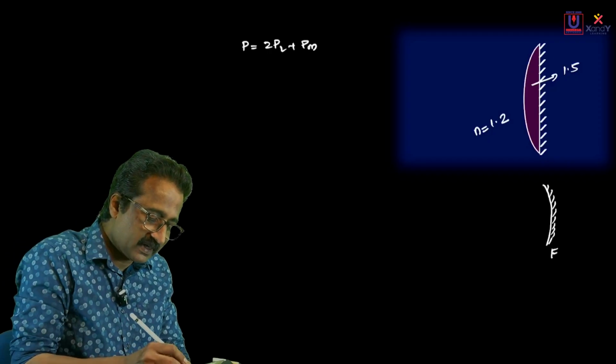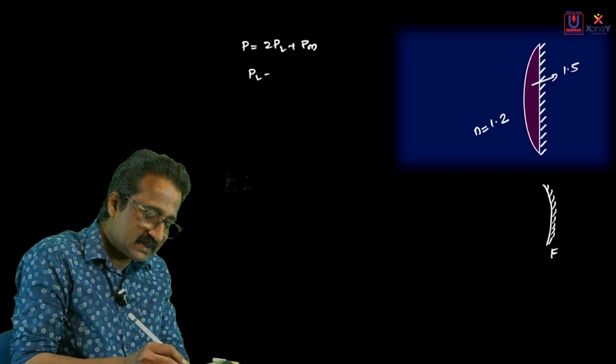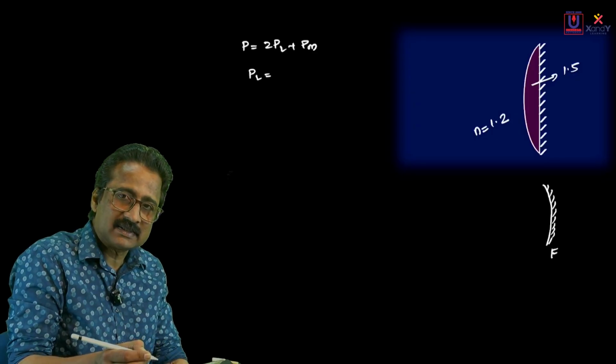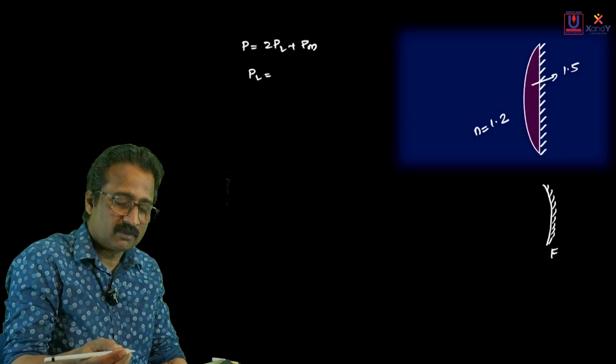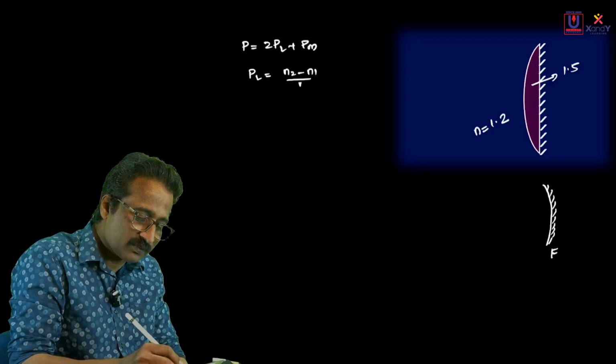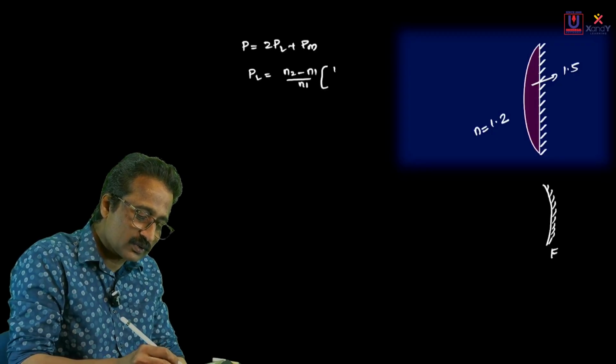Now the power of lens, PL, let me come to that. It is equal to 1 by fL, and 1 by fL for any lens immersed in liquid is given by the lens maker's formula. Let me write the equation for you first: n2 minus n1 by n1 into 1 by first radius minus 1 by second radius.